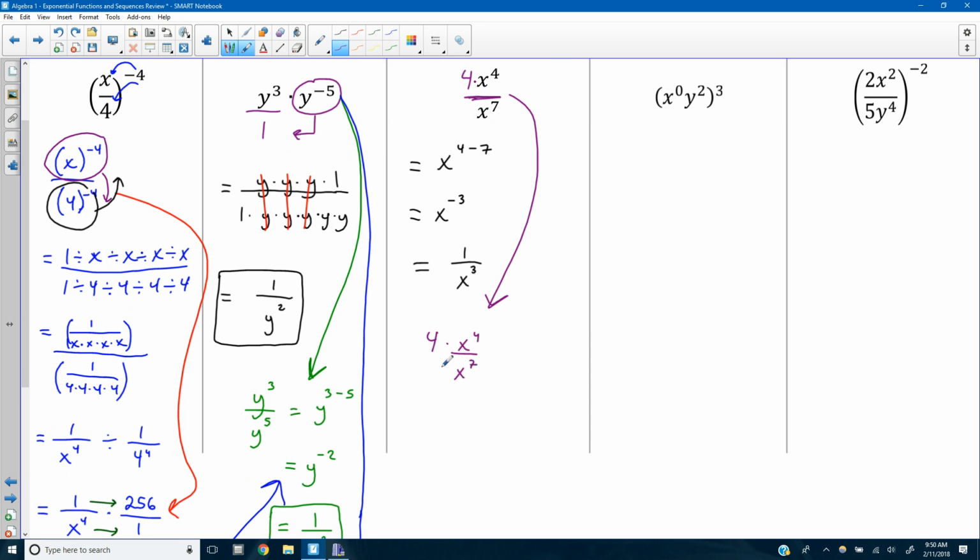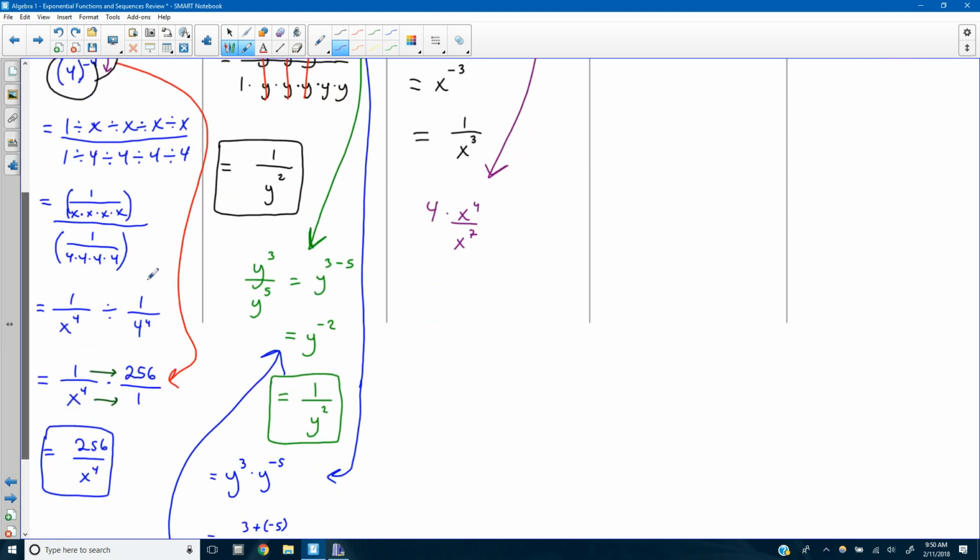So even if it's written like that, it's best to avoid it because 4 has nothing to do with this 4th power. Only this x does. 4 is being raised to the 1st power. 4 has its own little exponent right there. And of course, that's going to tie in a bit. Now, this x to the 4th divided by x to the 7th still becomes subtraction, where you get 4x to the negative 3rd power.